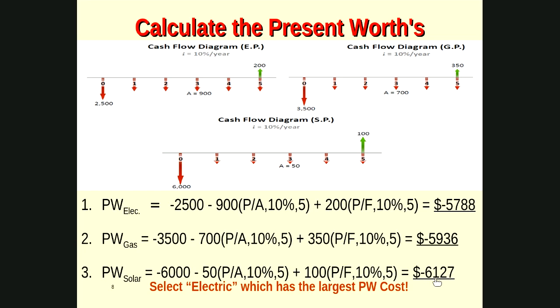Now, as the question says, we are using mutually exclusive. So the mutually exclusive in this case will go with the largest numerical value, which is the least minus value, since all of them are in a minus sign. So the largest numerical value is considered to be project A, which is the electrical option. Okay? Clear? Before we move on, questions?